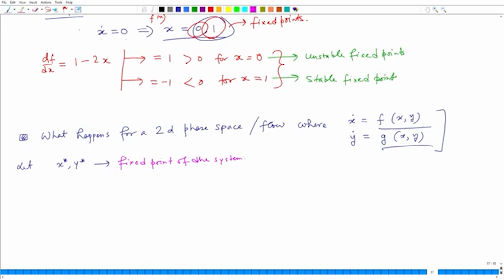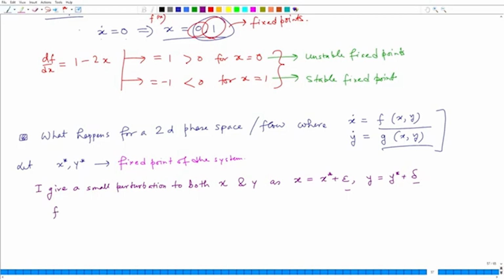Then I give a small perturbation to both x and y, as x equal to x star plus epsilon and y equal to y star plus delta. You see, the small perturbations are always with respect to the fixed point values. If I do that, what will happen?